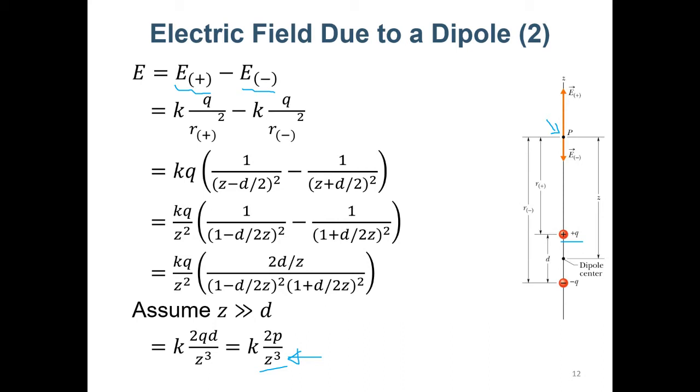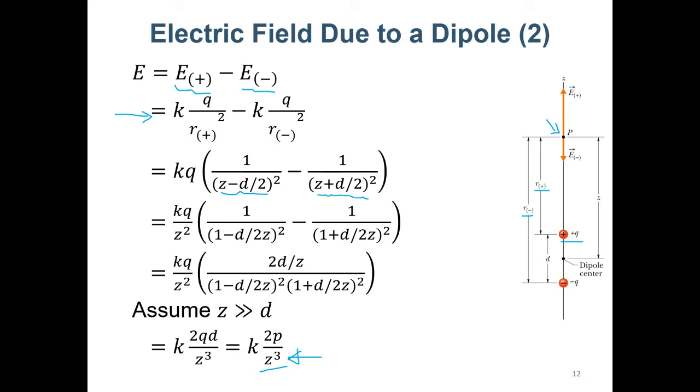So actually, we can just use the equation we had just now. We have E equals k times Q over r squared. r plus is this one, z plus half of d. And r minus is this one, z minus half of d.